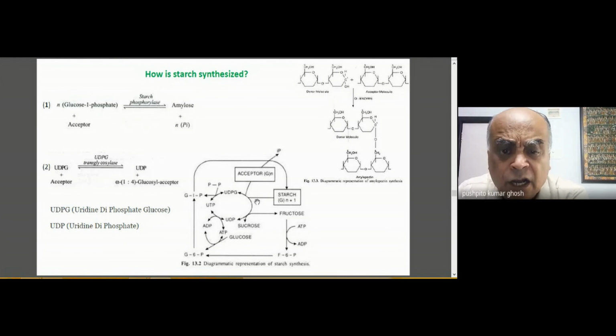Okay, and remember another thing, that some of these conversions are energetically unfavorable, and so wherever it's energetically unfavorable, you'll see, for example, that ATP is getting converted into ADP.